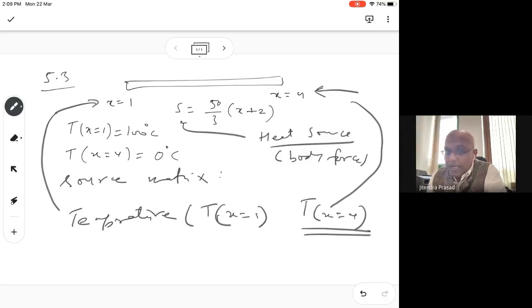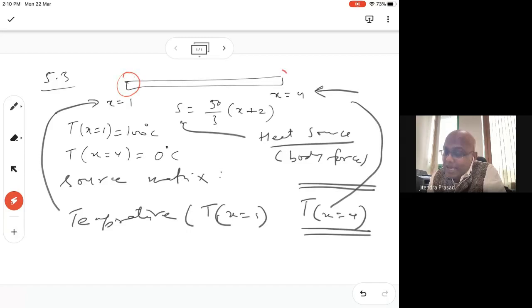The thing is that since the temperature is already prescribed here, that means we cannot prescribe the flux here.